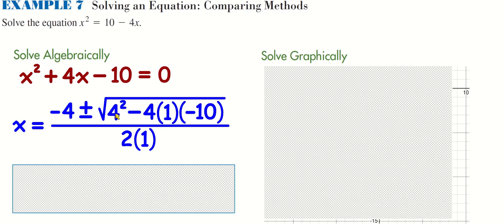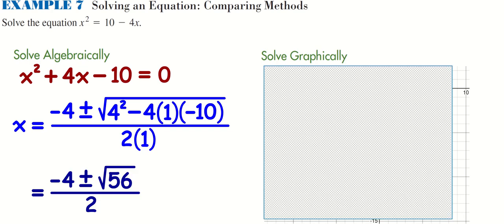If this was a -4, then when we square -4, we should end up getting +16. People mess that up when b is negative. They also mess it up when c is negative, because we have a minus here and then a negative here. So just don't screw up the negatives. Otherwise, it's just a formula.